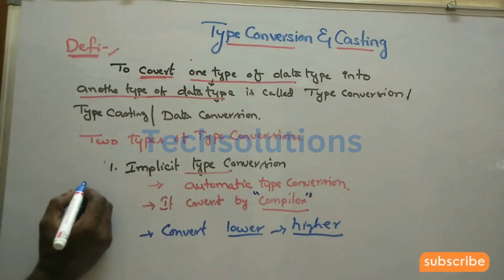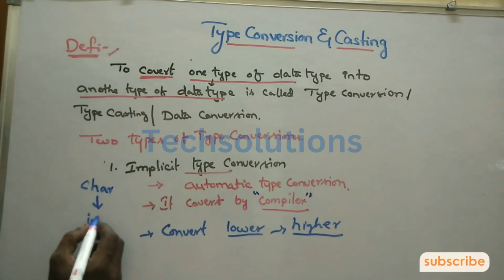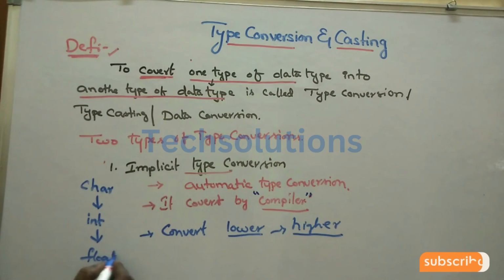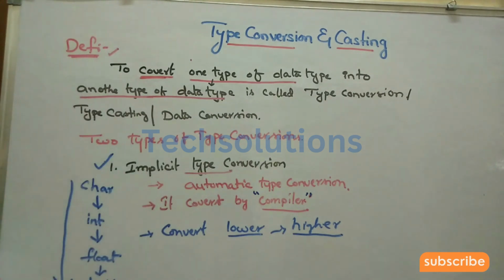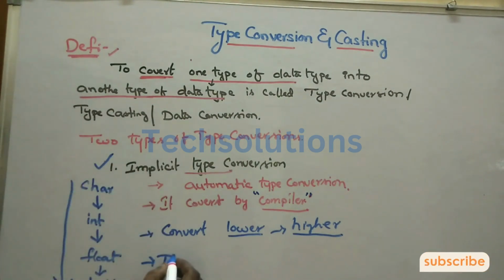Suppose for example, we can convert a character into an integer, right? This integer may be converted into a float, and a float may be converted into a double. That means it is converted from lower type values into higher type values only by implicit type conversion.